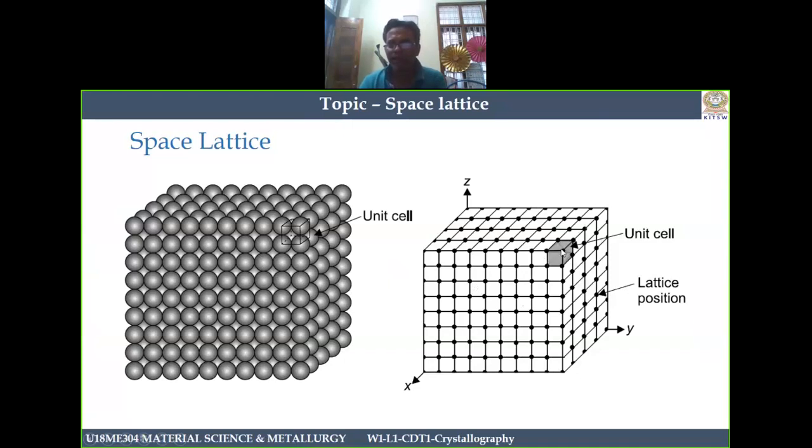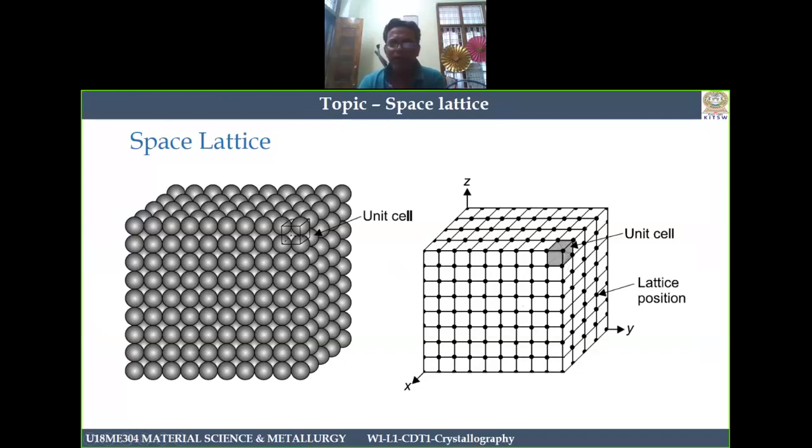Here you can see the unit cell, a cubical unit cell. A cubical unit cell will have 8 corners: 1, 2, 3, 4, 5, 6, 7, 8. One is hiding behind the cube. So 8 corners are there, 8 points actually.